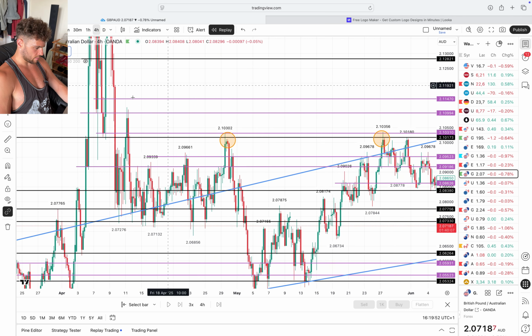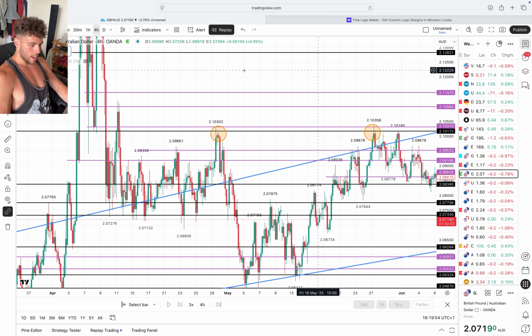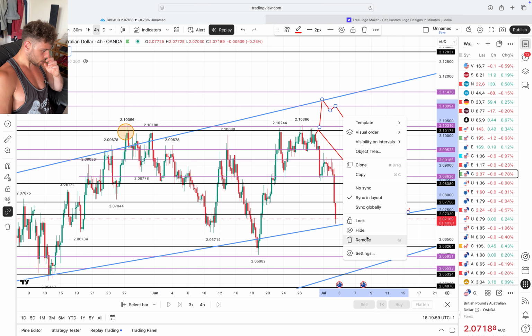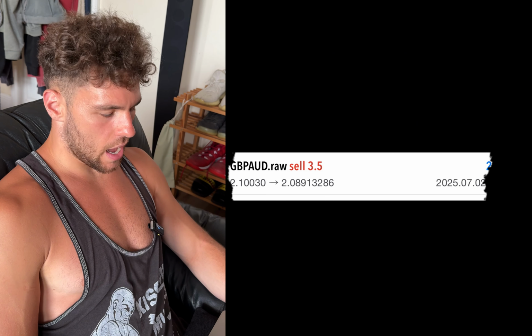Maybe on the lower time frames, it doesn't really show on the 4 hour. But I know you guys would have been curious what I would have been looking for on that pair. So an absolutely amazing swing trade.